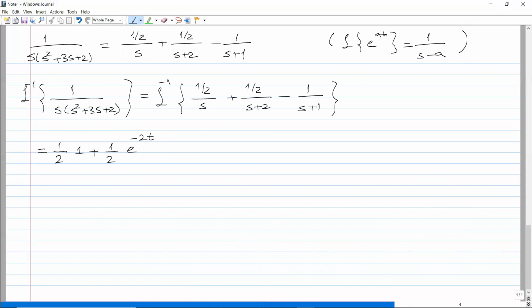And you can think of 1 as e to the 0. S means s minus 0, so inverse Laplace is e to the 0 times t, which is e to the 0, which is 1. All right, so minus 1 over s plus 1 gives e to the minus t.